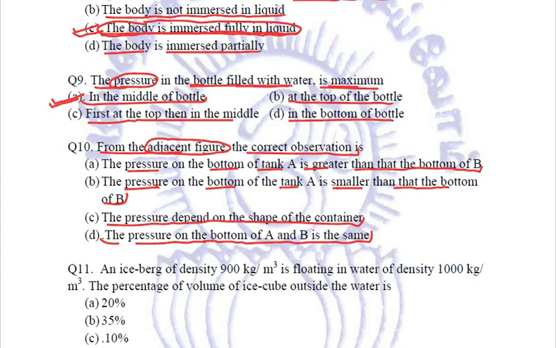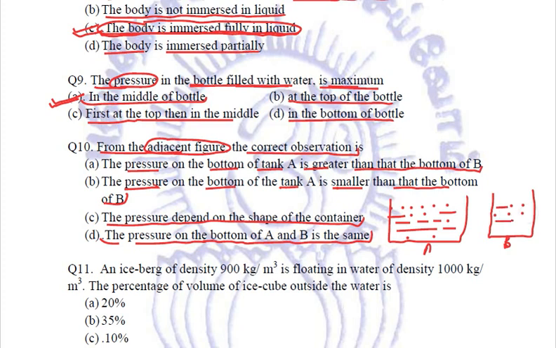Now the figure is missing, so let me draw the figure for you. This is the container A given to us, and this is the container B given to us. Water is filled in both the containers.